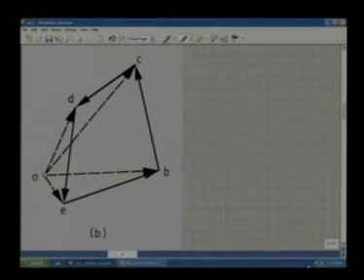If we draw the velocity diagram, we know there is something called velocity pole, and this O is the velocity pole. And b, c, d, e.